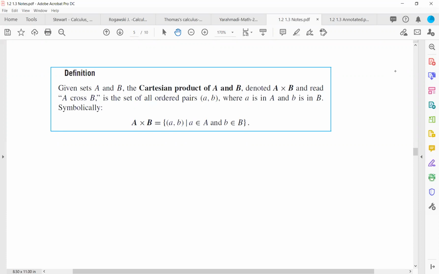A cross B is the set of all points (a, b) in the XY plane, with the condition that a is a member of the first set, b is a member of the second set. That's the definition of A cross B.